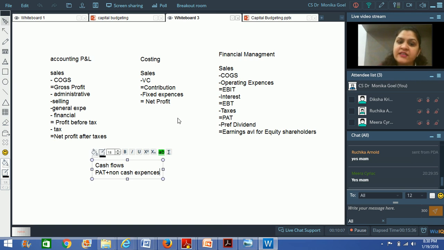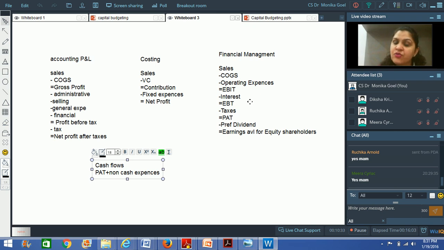In most cases in financial management, I generally take the figure of earnings before interest and taxes. Why? Because the level of interest is in my choice. As a person in finance, I am the one who has to decide how much debt I have to take in my company. So I have no control over EBIT.